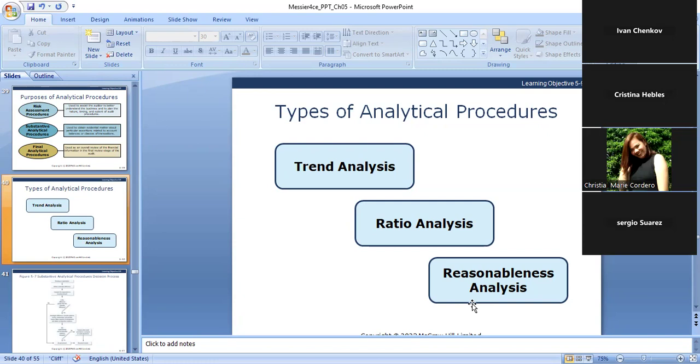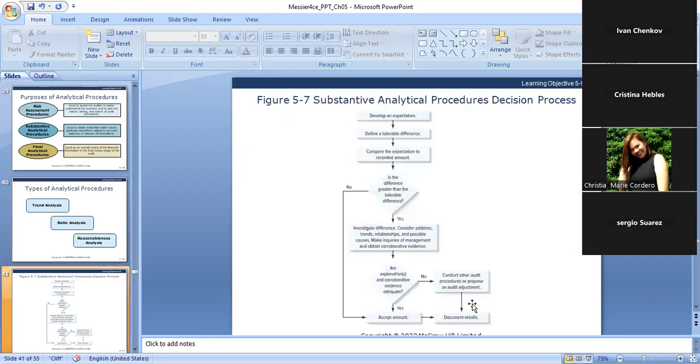Reasonableness is how reasonable, for example, the warranty provision is. How reasonable is the allowance for doubtful accounts? How reasonable is it for this asset to be amortized using a unit of measure method rather than double declining balance as the amortization method for that particular asset? That's how we're chasing the reasonableness of the evidence that we have.